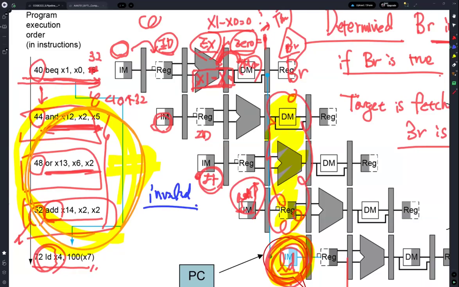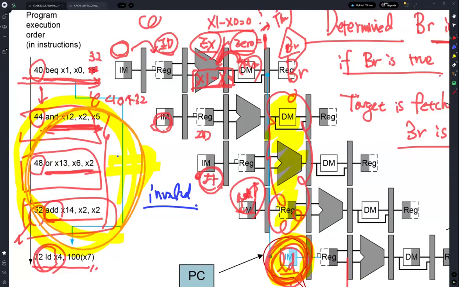But what's the problem? These instructions are invalid. Why? These instructions should be executed only if the branch result is false, right? But what is the result of the branch instruction? The branch instruction is true, so it is called taken. The branch is taken, right?